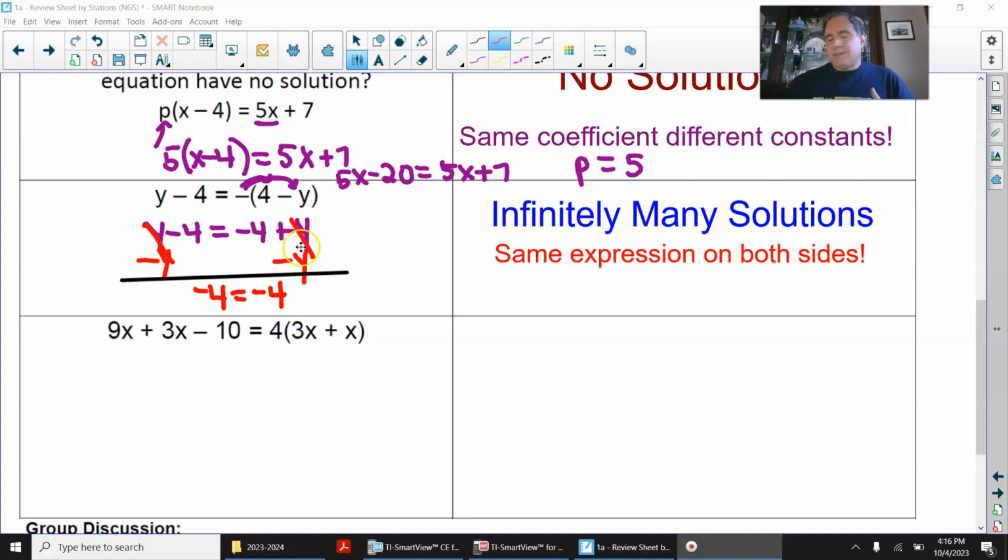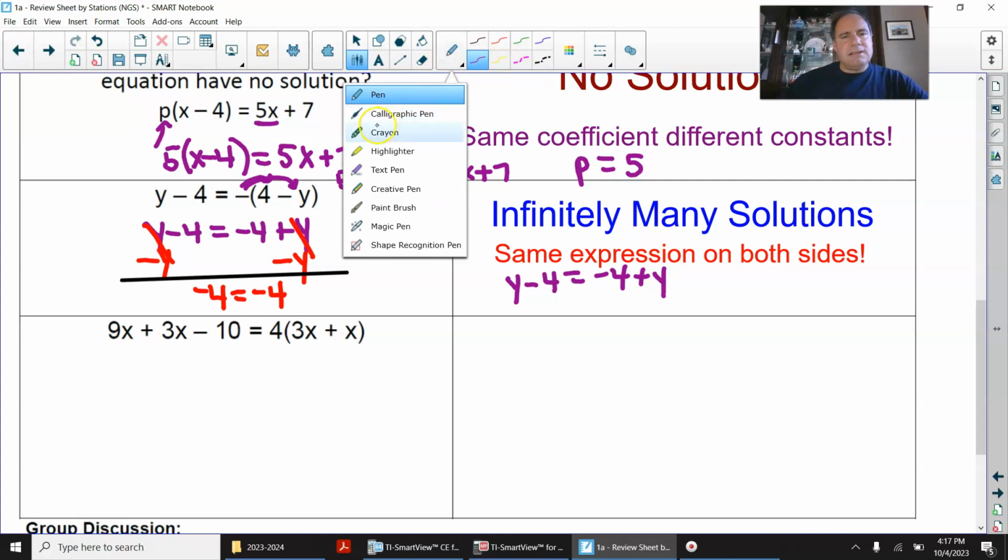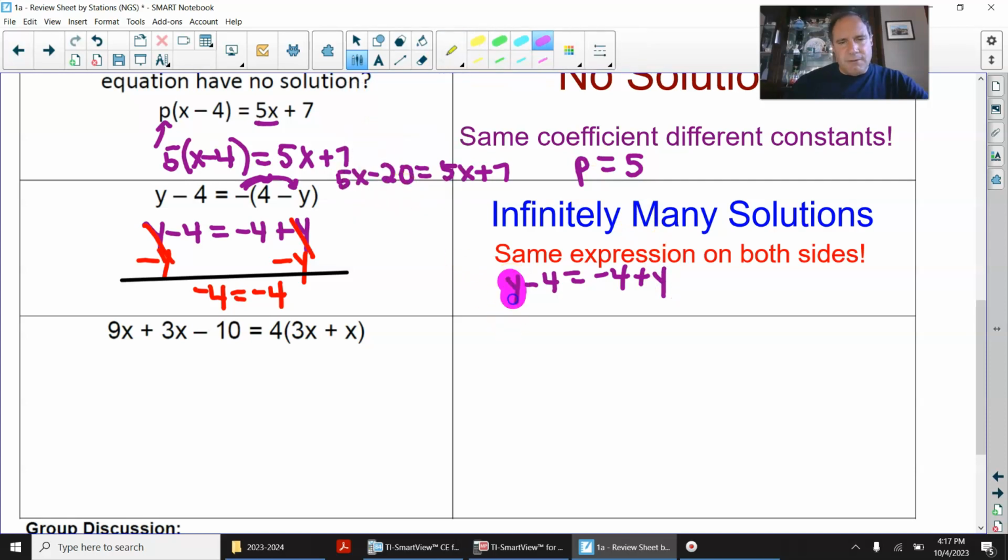A lot of people are saying, wait a minute, I don't understand because it doesn't look the same when it's y minus 4 equals negative 4 plus y. It is the same, because look, if you have positive y, there's positive y, here's positive y. If you have a negative 4, there's negative 4, there's negative 4.